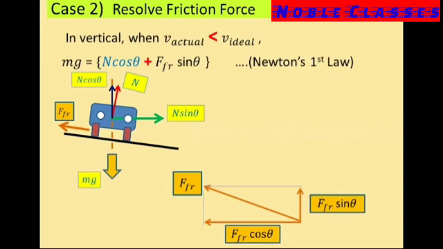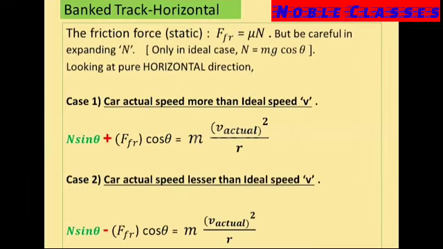So we do the same thing that we did earlier, except the directions are different. You can see the vector diagram below. The friction force is acting at a slanting angle towards the top. Therefore, F sin theta is now vertically upwards, and the F cos theta is from right to left. This will affect our resolution, and the centripetal forces will get changed as shown here.